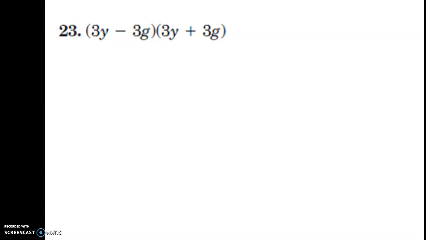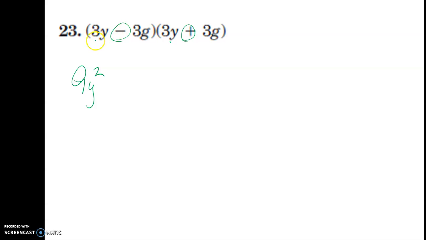Now, this one is similar to the one we had with b plus 1, b minus 1. They are identical binomials except for the middle. And so what's going to happen is this one is going to have some canceling out. 3y times 3y is 9y squared.